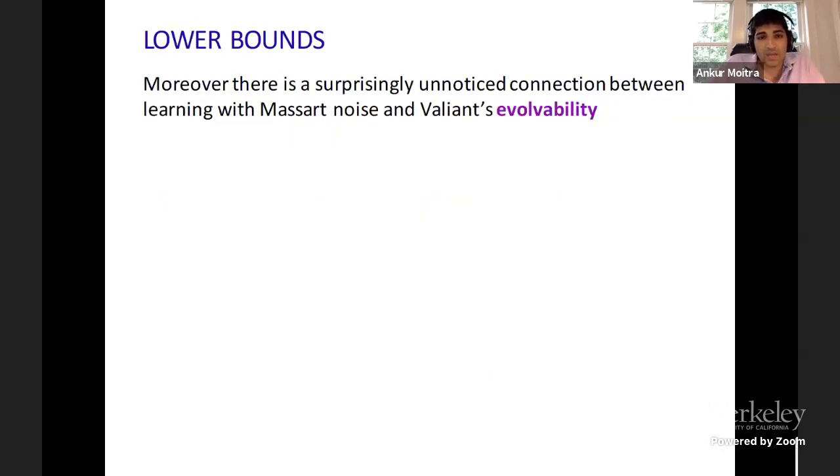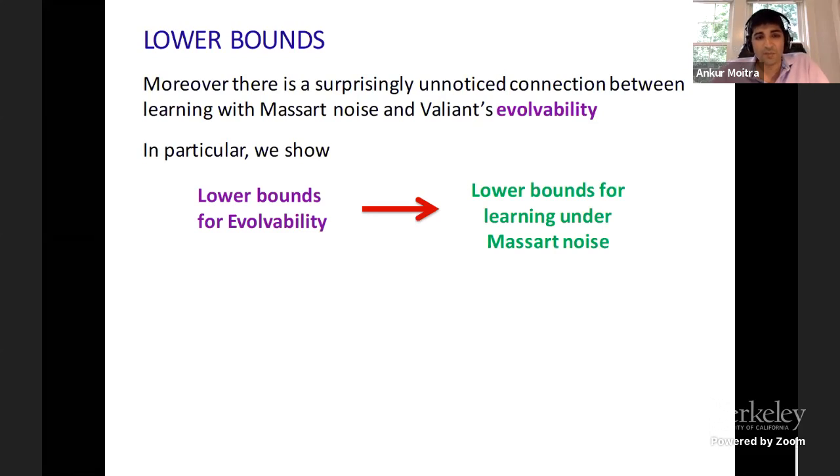Now, I'll just tell you a little bit more about the landscape of Massart noise and what's known. I won't get too much into this in the talk, but it turns out there are some pretty surprising connections between learning with Massart noise and something called evolvability that Les Valiant introduced a few years ago. One of the things we showed was that lower bounds for evolvability imply lower bounds for learning under Massart noise.